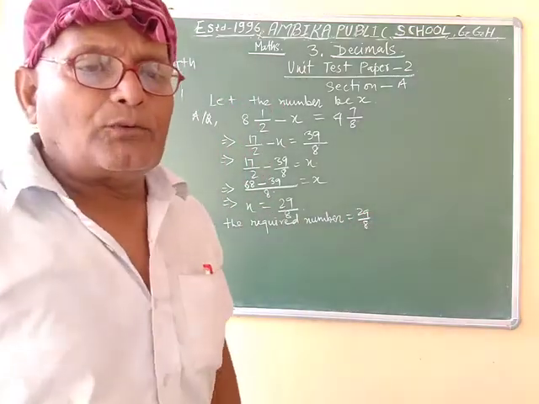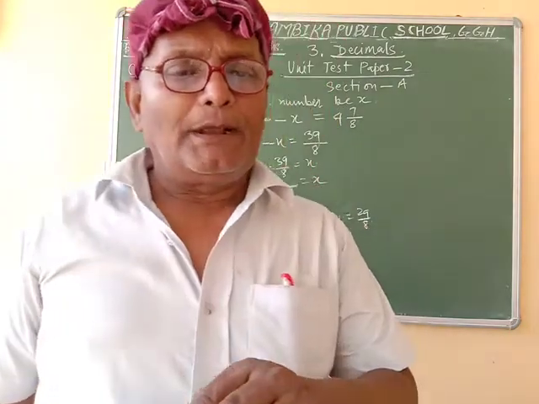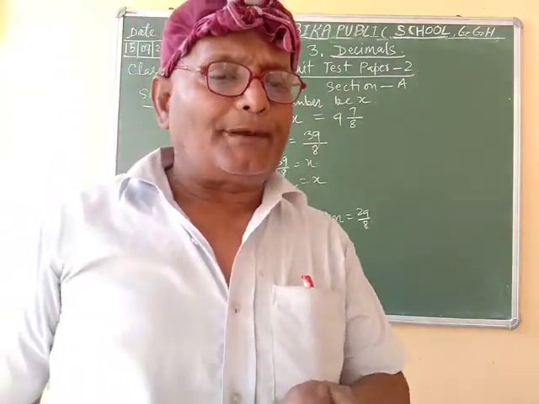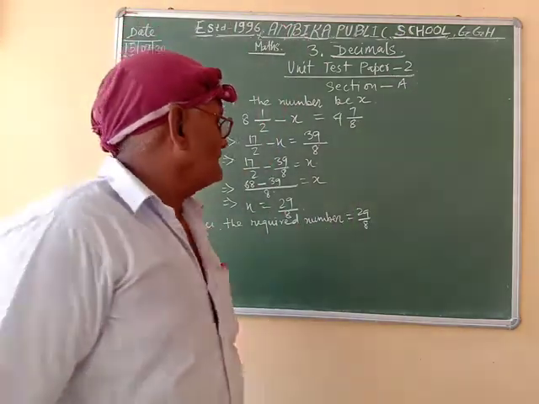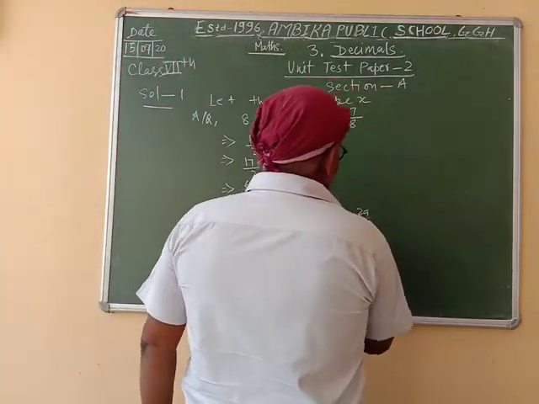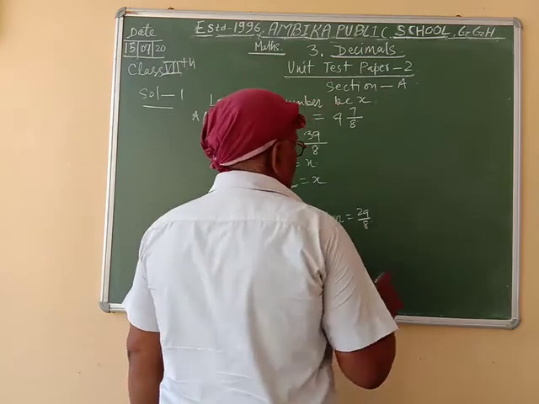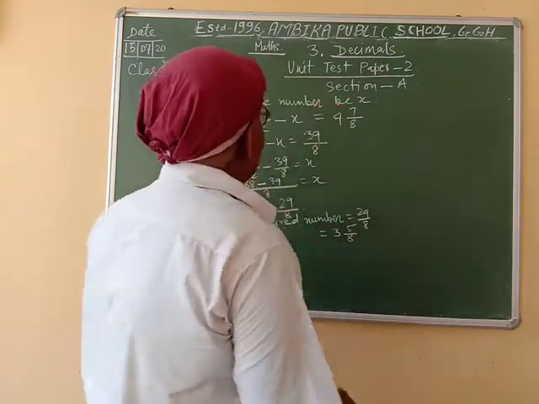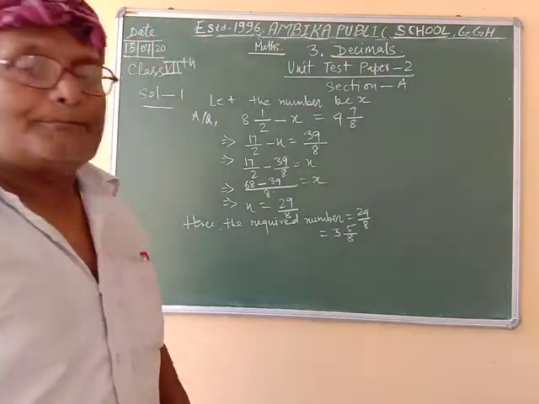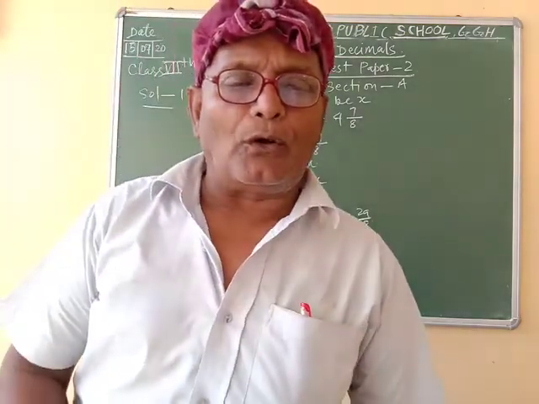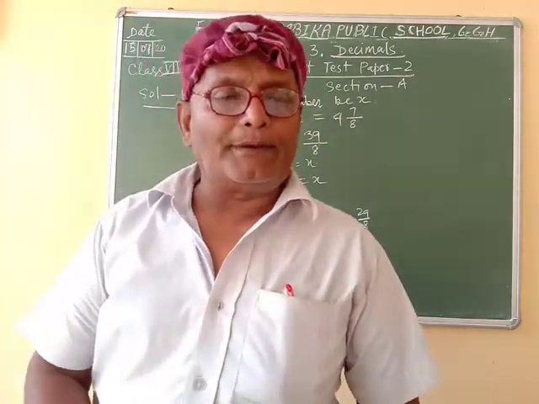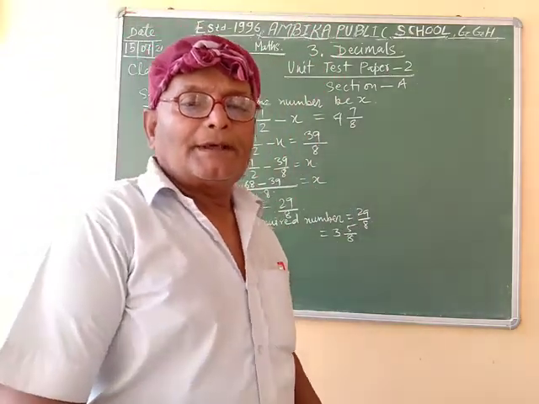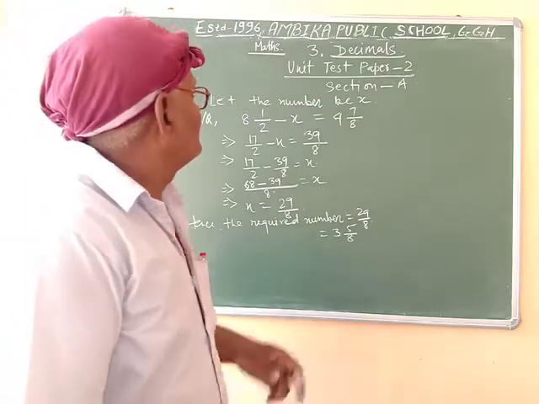We are asked what should be subtracted from 8 whole 1 by 2 to obtain 4 whole 7 by 8. Let the number x be subtracted.